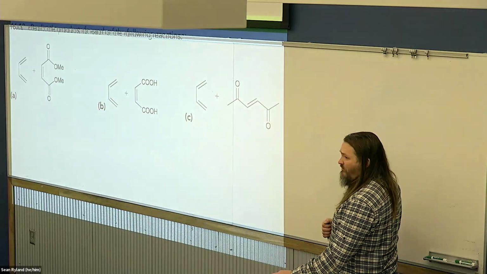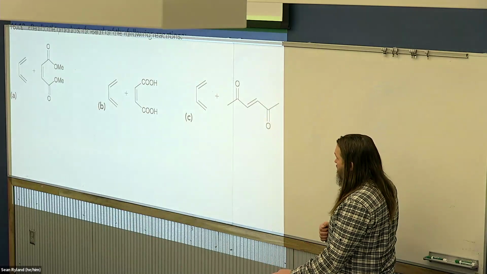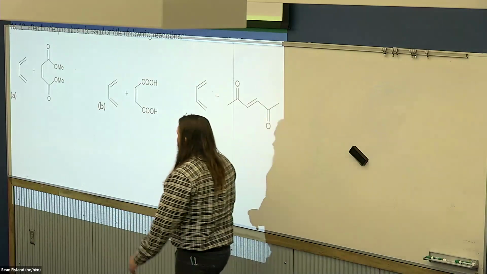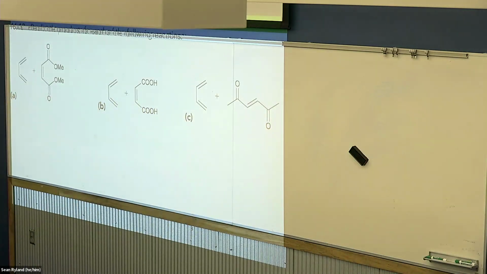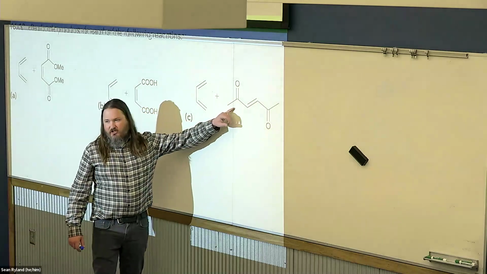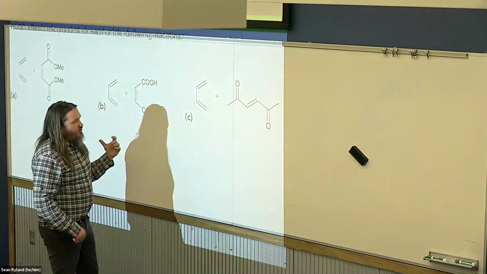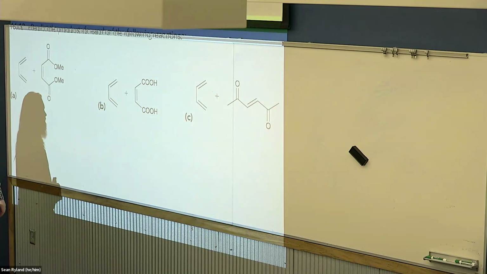Just more practice problems. And again, it really doesn't matter what the substituents are, although you will notice that all of these make the dienophile part of a larger conjugated system. They're all electron withdrawing, with those resonance structures.